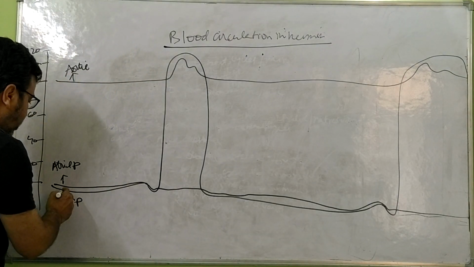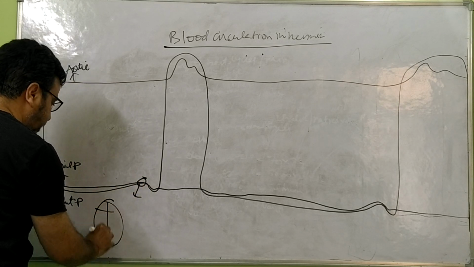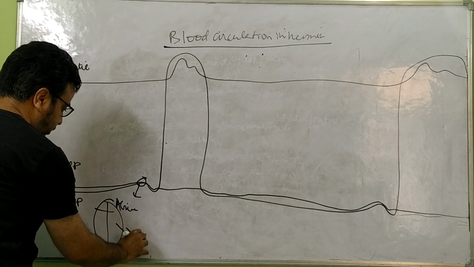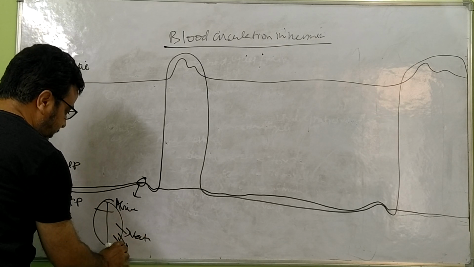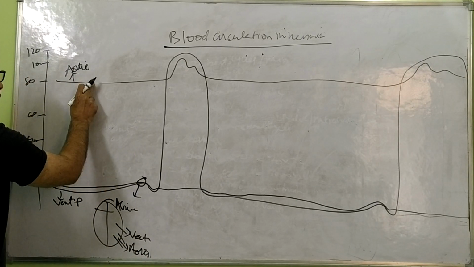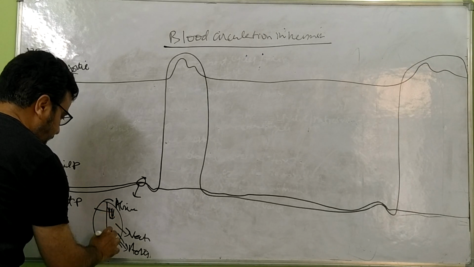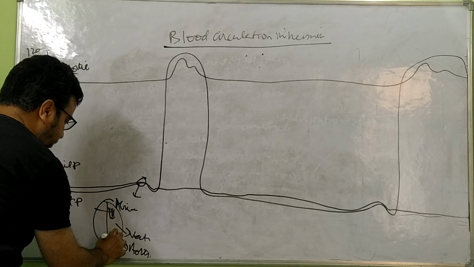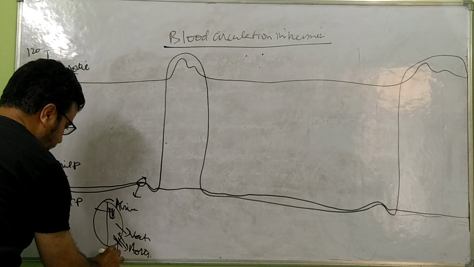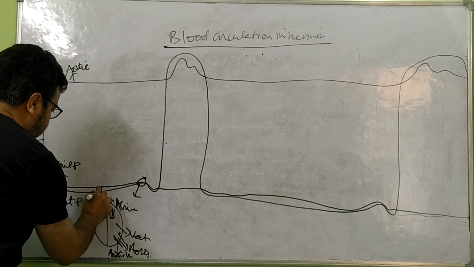So we start here with this junction of atrium, ventricle and aorta. Ventricle, atrium and aorta. So one valve here is the mitral valve and one valve here is the aortic valve.